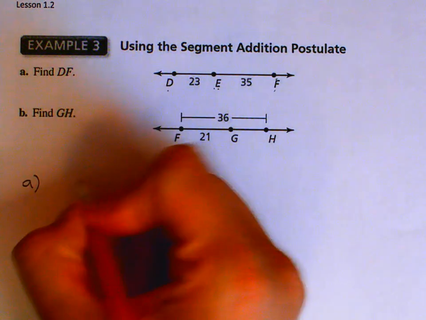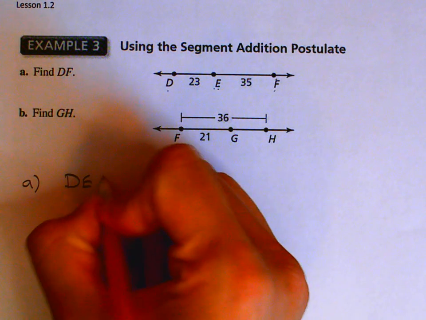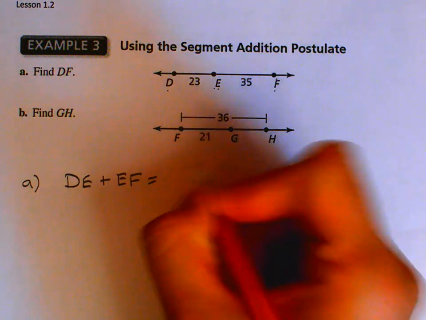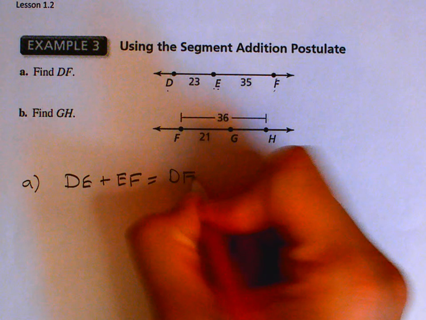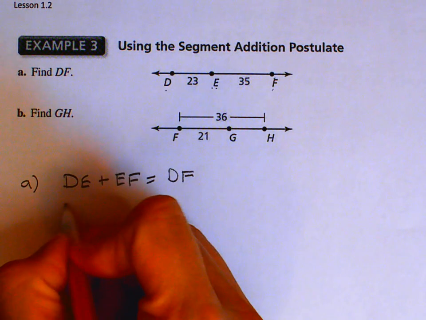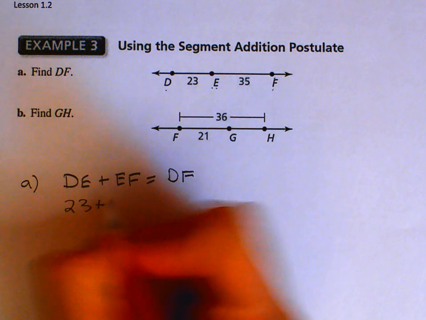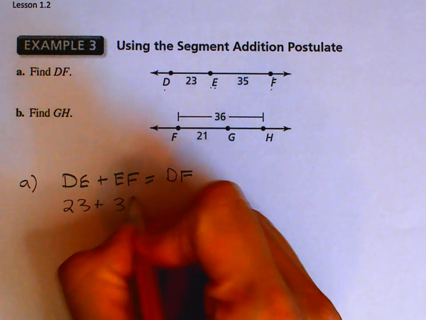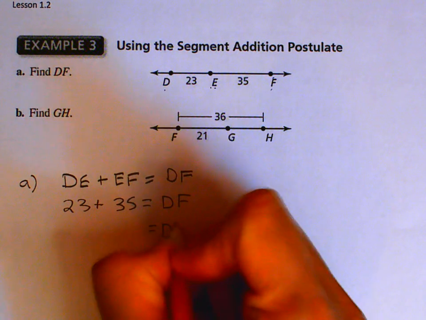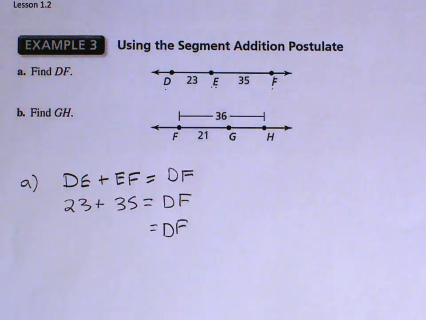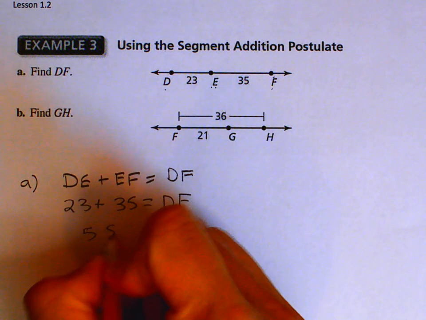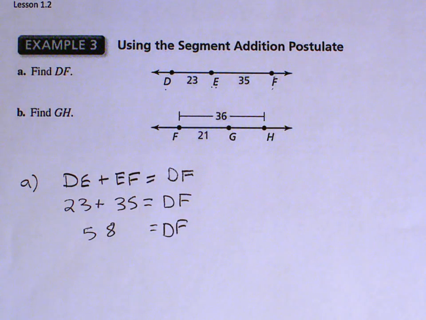So DE plus EF is equal to the measure of segment DF. DE is 23. EF is 35. So DF is going to be the sum of those two. 23 plus 35 is 58. So DF is 58.